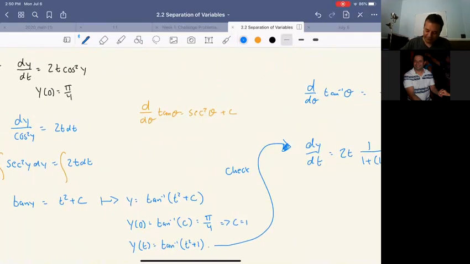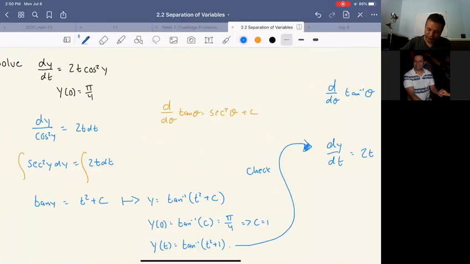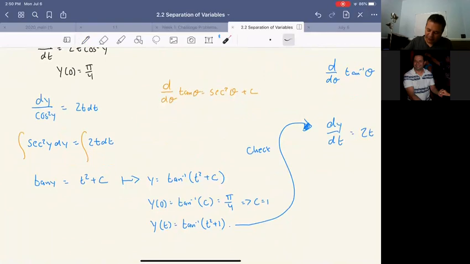Remember, our tan inverse is t squared plus 1, right? So y is tan inverse of t squared plus 1. So let's draw out the triangle. Okay, so y is the angle.